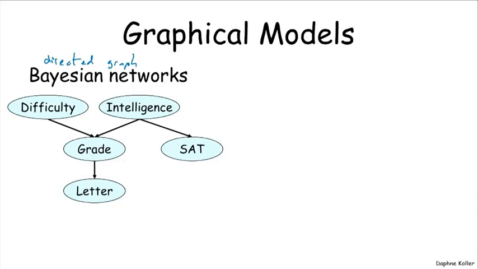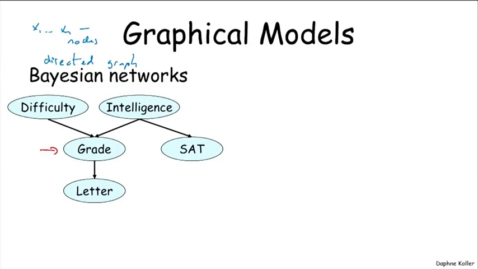In this case, remember, we had a set of random variables x1 up to xn. The random variables are represented by nodes in the graph. So to take a look at this very simple example, which we'll discuss again later, here we have a situation where we have a student who takes a course and gets a grade in the course. And so that's one of our random variables.